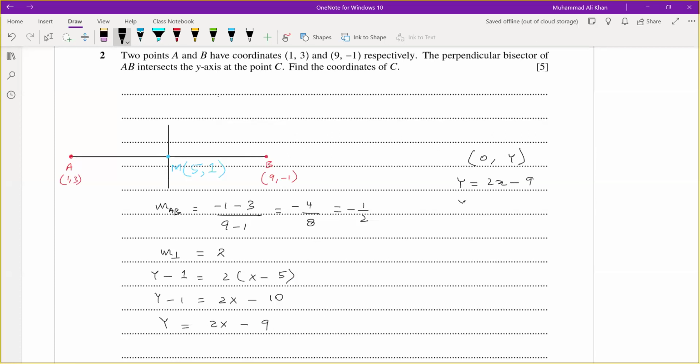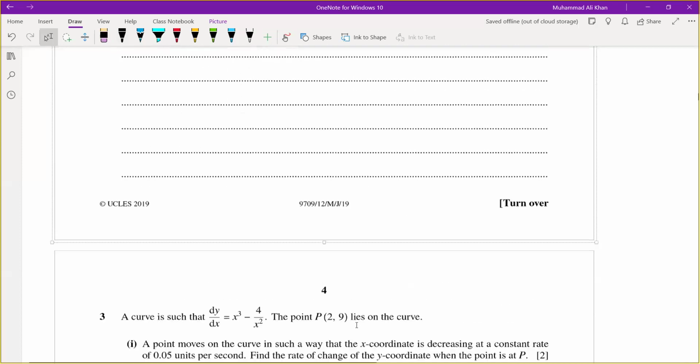If x is 0, then the value of y is minus 9. Therefore, C के जो coordinates आए हैं हमारे पास वो 0, minus 9. These are the coordinates for C, where the perpendicular bisector intersects the y-axis. This is your question number 2 about coordinate geometry.